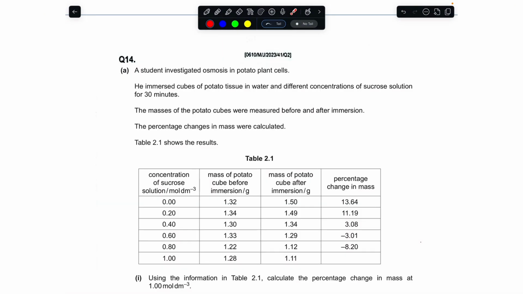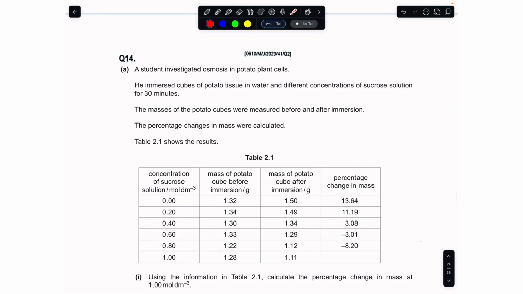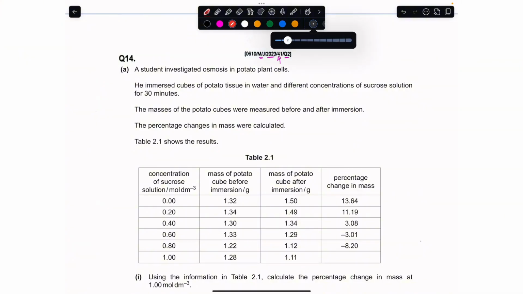Moving on to the next question that came in May June of 2023. The variant was 4.1 and the question number was 2. And here we have the students, and these students started to investigate osmosis in potato plant cells.